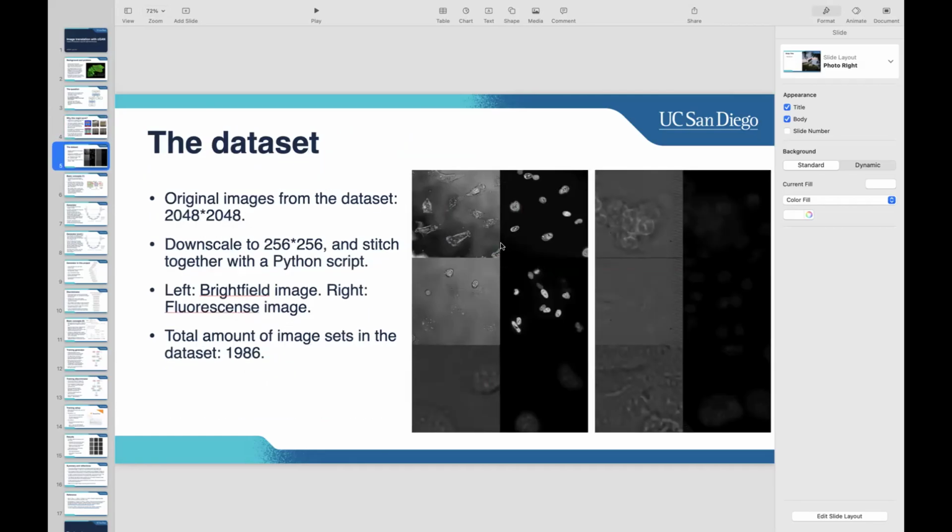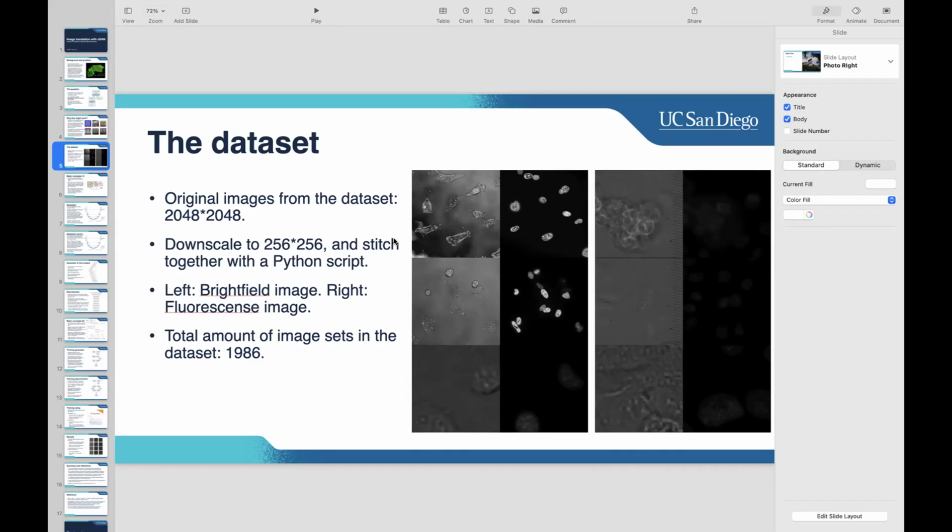Now let's talk about my data set. The original images are kind of big, 2048 pixels by 2048 pixels, and I have to downscale them to 256 by 256. Basically, I have to reduce the resolution by a lot due to my hardware constraints.